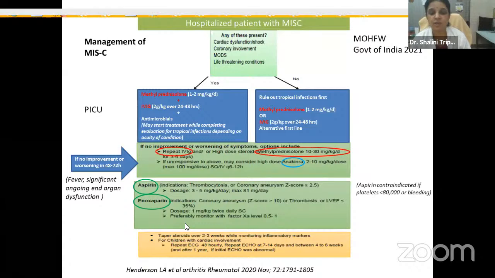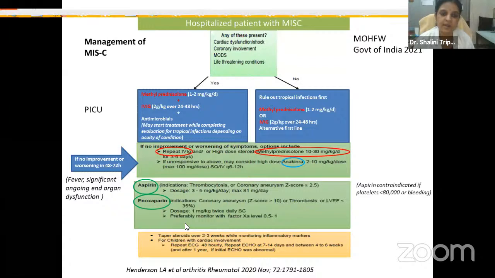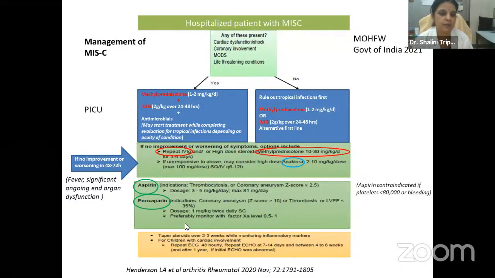If the patient has a giant coronary artery aneurysm, that is a Z score of more than 10, or there is a thrombosis, or the patient has left ventricular ejection fraction less than 35%, that is LV dysfunction, then if any one of these three is present, we have to start enoxaparin in a dose of 1 mg per kg BD, twice daily, subcutaneously.